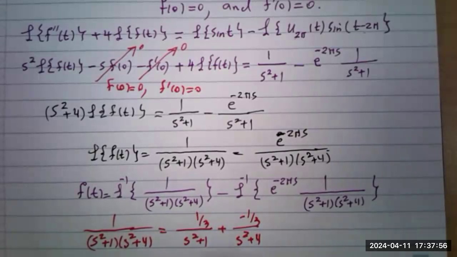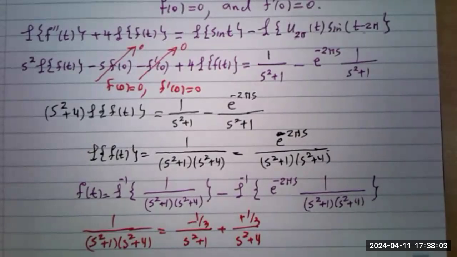Again, you divide by 3. If you cross multiply, now the negative 1/3 s squared, these two will cancel out. That gives you negative 4/3 plus 1/3, which is 1. That's the shortcut that we have.